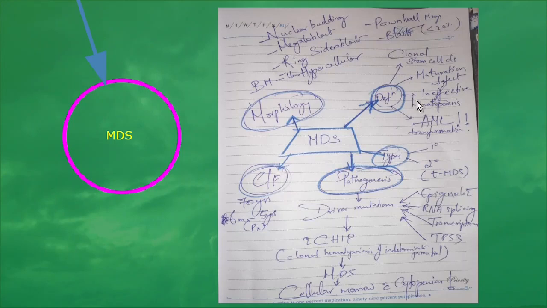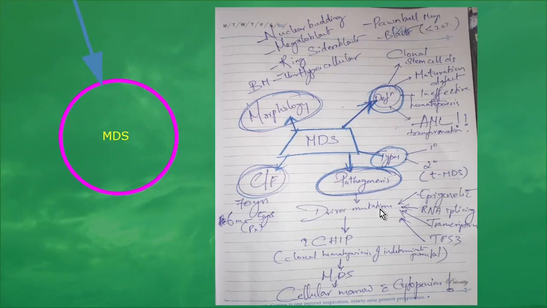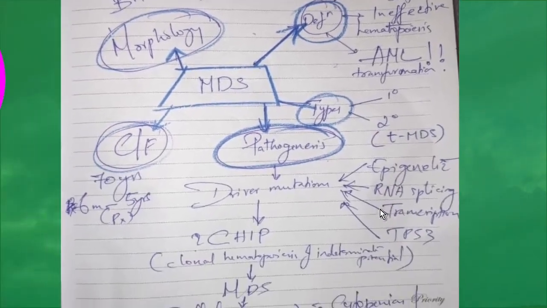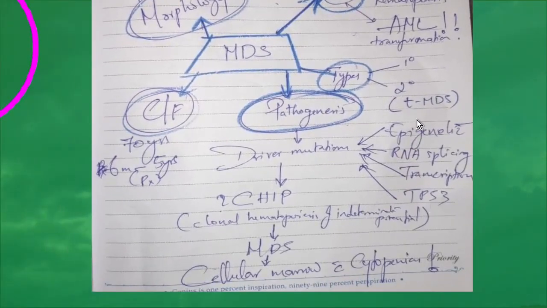So what happens because of all these things? Ineffective hematopoiesis is caused due to driver mutations, TP53 mutation, transcription issues, RNA splicing blockade, and epigenetic factors are also involved.